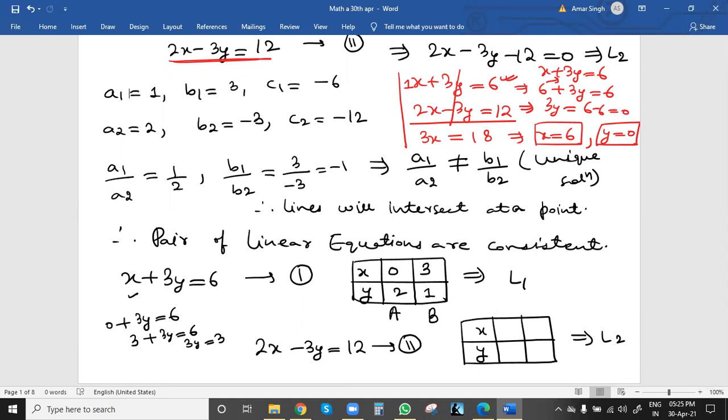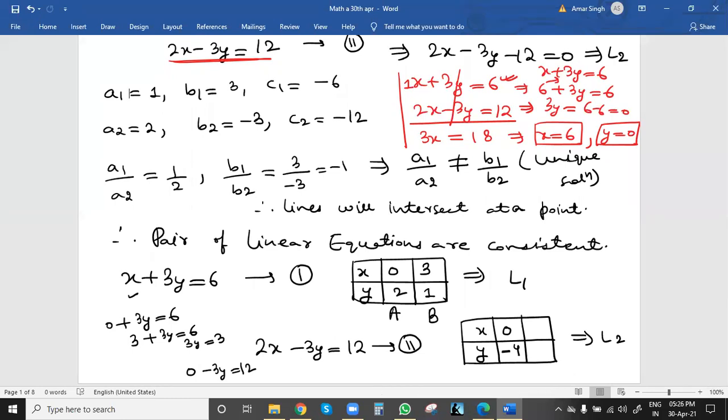Now x value, we can take 0 again, because the y value is easier when we take x value 0. So 0 minus 3y equal to 12. So y will be minus 4, because the minus sign is there. 12 by 3 is 4, so minus 4.